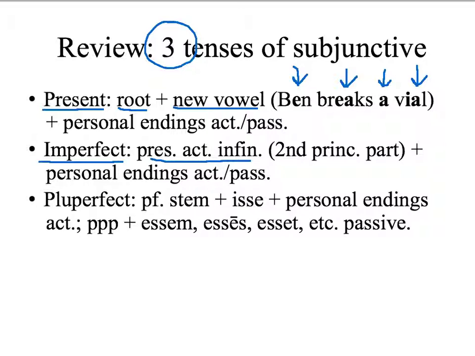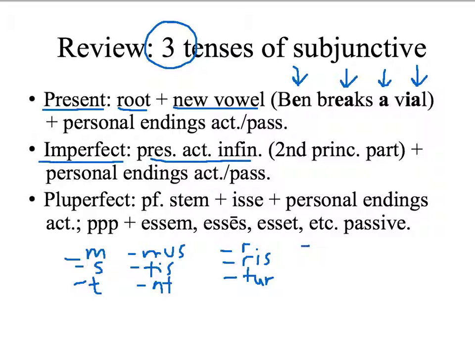Let's just pause for a minute. What are those personal endings again? M, s, t, mus, tis, nt for the active; r, ris, tur, mur, mini, ntur for the passive.